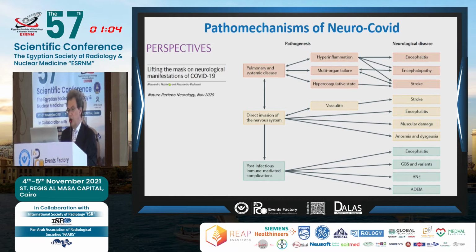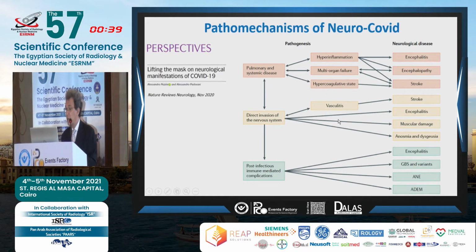So what are the mechanisms of Neuro-Covid? There are three options which have been suggested. One is a direct invasion of the virus to the nervous system. The other is an immune-mediated complication, a post-infectious manifestation of the disease. And the other one will be coming from the pulmonary and systemic disease. Now, here you have hyperinflammation, multi-organ failure, change of coagulation.